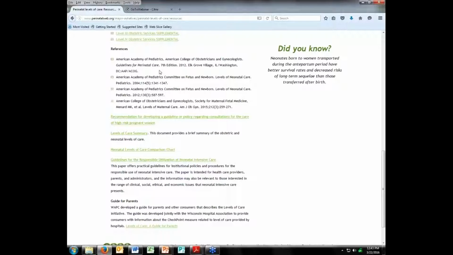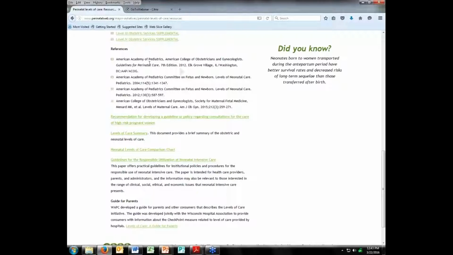There's a lot about transport. There's a lot about facilities and what's required there and things like that. It's worth looking at. The next 3 are articles, the position statements from AAP, Levels of Neonatal Care, and then this from ACOG, Society for Maternal Fetal Medicine, and Kate Menard, Levels of Maternal Care.